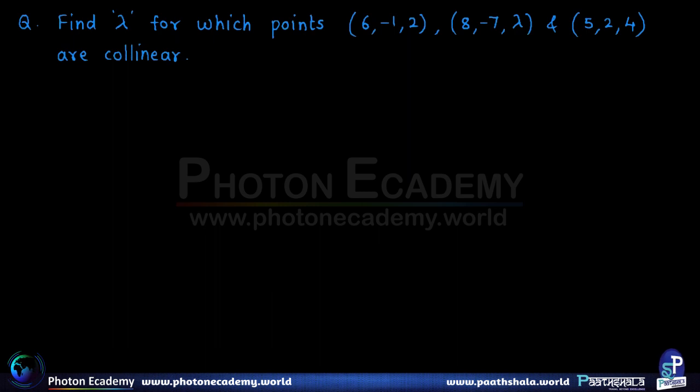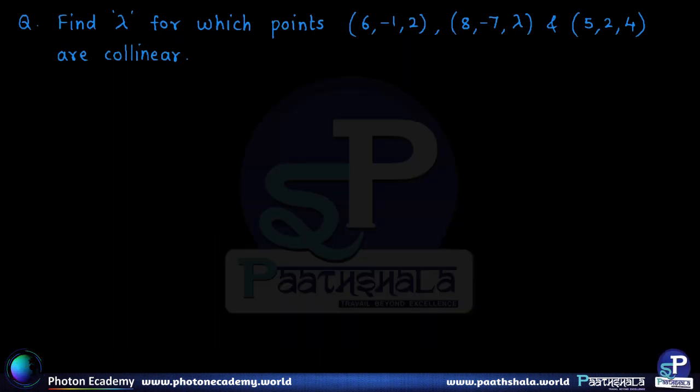Find lambda for which the three given points are collinear, and out of which we see that lambda is one of the unknown coordinates. Now here if we consider the 3 points as say A, B and C, correct?